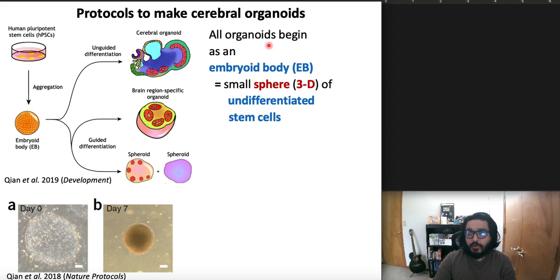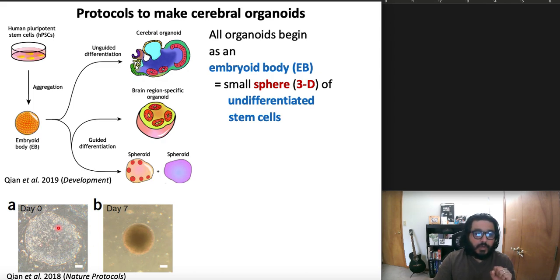So all organoids, no matter what paper we're going to read, all basically start with this embryoid body as the precursor to an organoid.